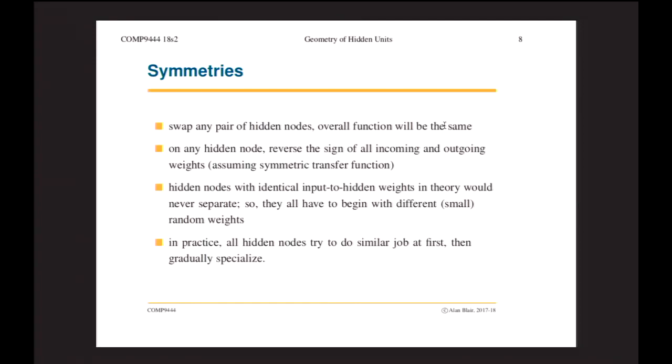If I swap 2 of the hidden nodes, you wouldn't notice the difference. If I take all the weights coming in and out of this node and swap them with all the weights coming in and out of that node, the overall function of the network would be exactly the same. That's interesting.